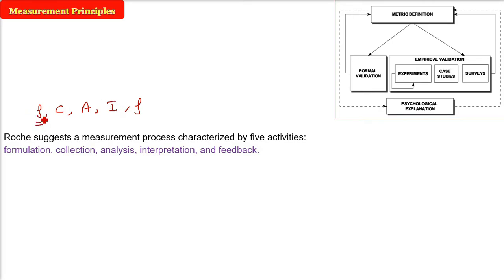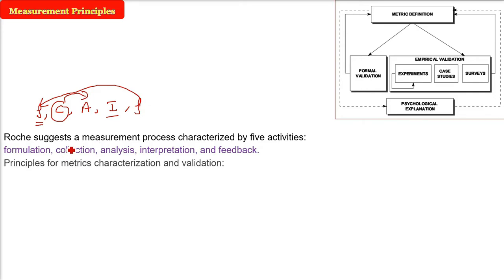Formulation is what we want to do. Then we will collect the information or the data. Then we will try to analyze what we can do with this, in which way we can use it. Then we interpret, that is the quantitative way, and then we give the feedback to the people who are concerned.